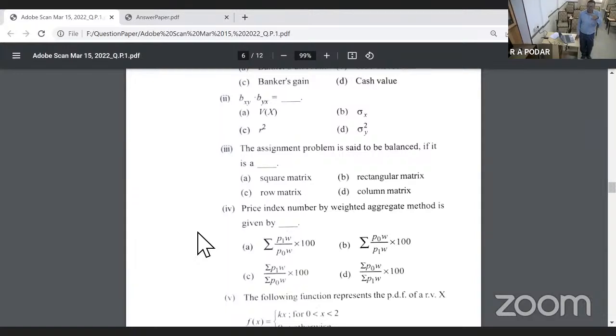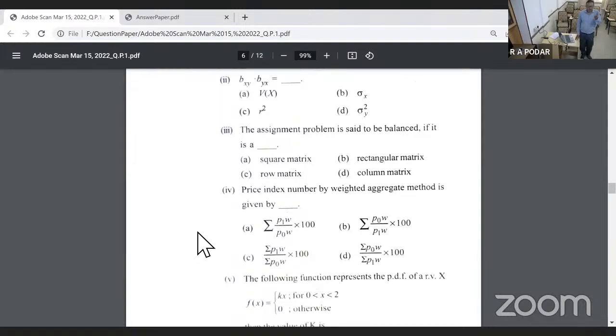You know this. So price index number by weighted aggregate method. You have to attach weight to the current year prices and then take the products and then the summation. Then again you have to attach weight to the base year prices, multiply with weight and then take the summation.